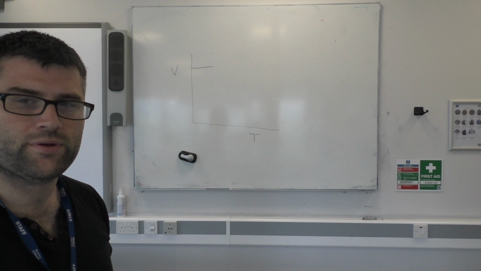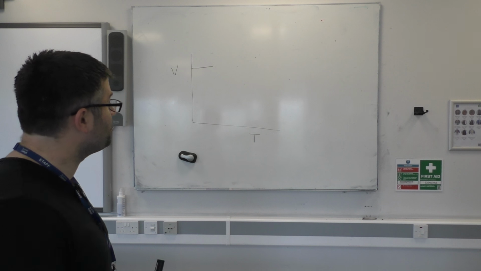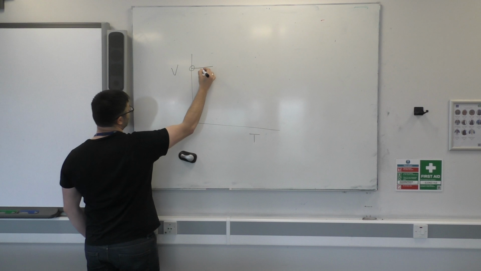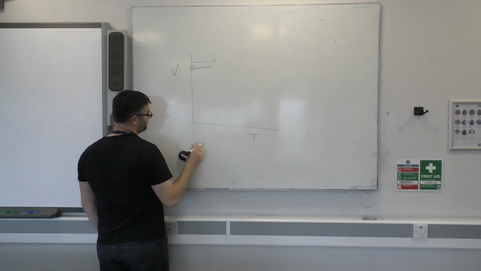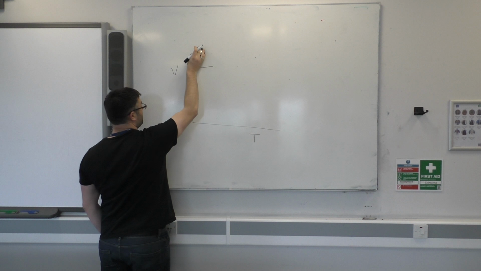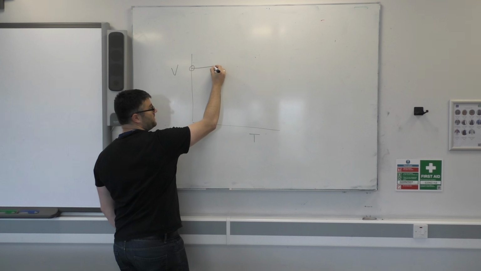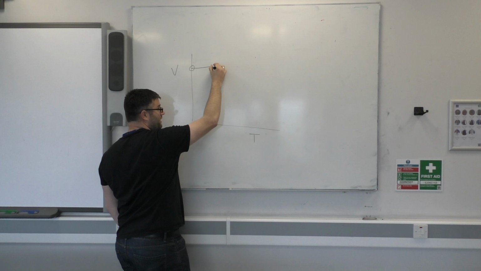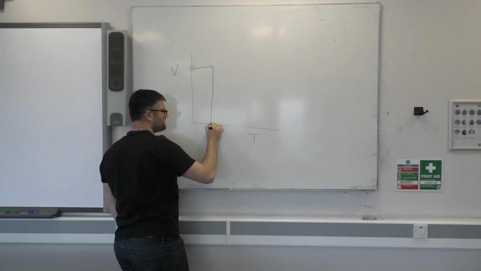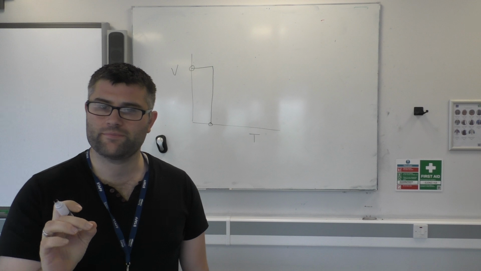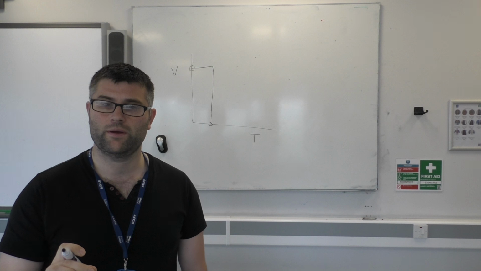Is this stopped? The answer is no. It's not stopped. It's got a constant velocity. It's got quite a high constant velocity as it travels through time. The only way something can stop on a velocity time graph is if it hits 0. That's when it's stopped. That's the only way it can stop.